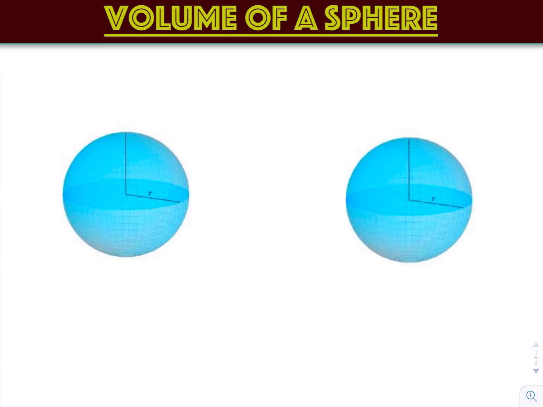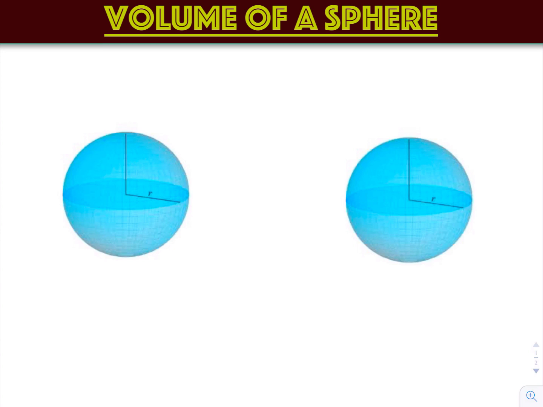And to start with, when finding volume of a sphere, obviously a sphere is circular in nature, but the biggest thing that we need to realize is that it's very different than finding volume of other three-dimensional objects like prisms or cylinders or pyramids, or even cones.